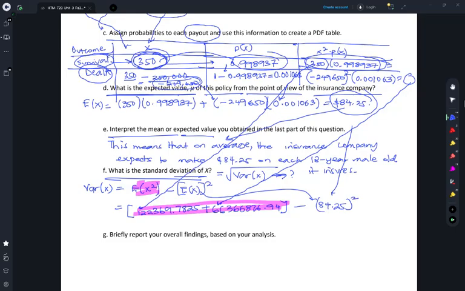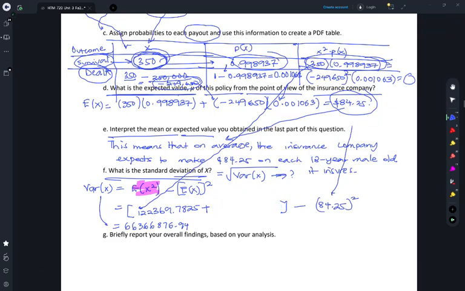That should give us a value, so the variance of x will be equal to about 66,366,876.94.